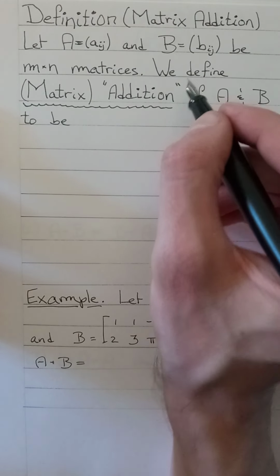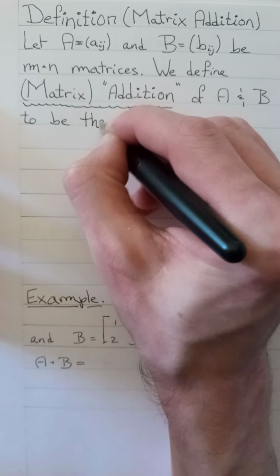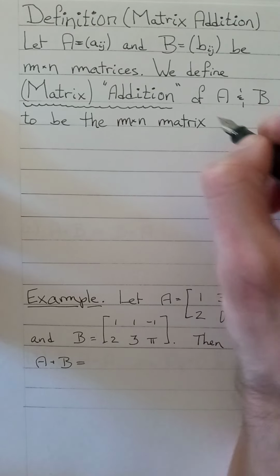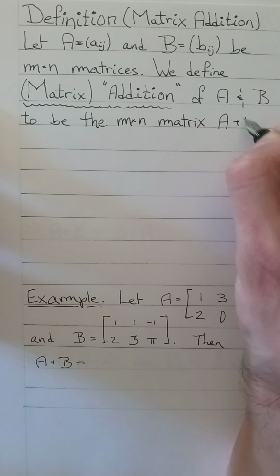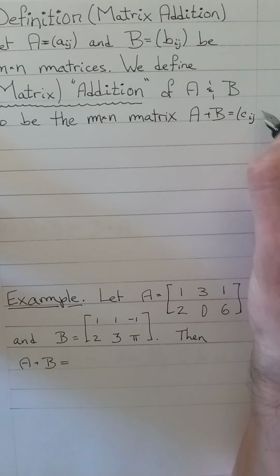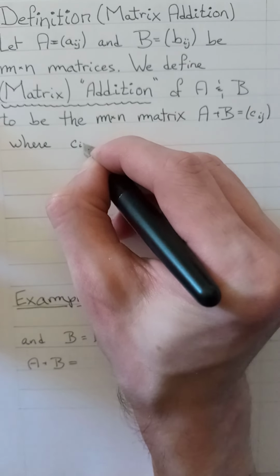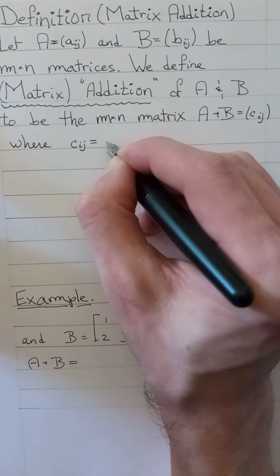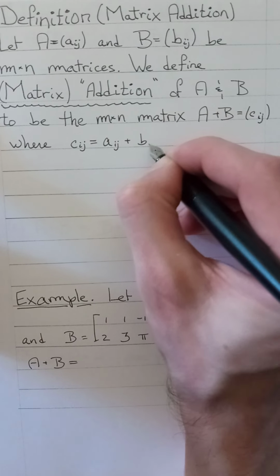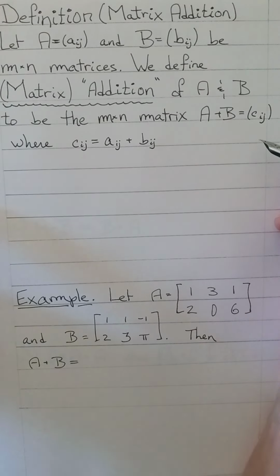We define, in that case, matrix addition of A and B to be the m by n matrix A plus B, which has components C sub ij, where C sub ij, the ijth component of the sum, is just the sum of the ijth component of A and the ijth component of B. Right? That's what we were doing before.